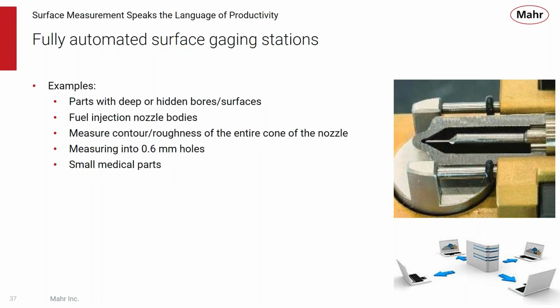It'd be virtually impossible to manually do that type of measurement very quickly in a production environment. And also you can think of small medical parts. These could be high volume, very small parts with small holes, very difficult to align, but an automated system could do that very quickly and easily.